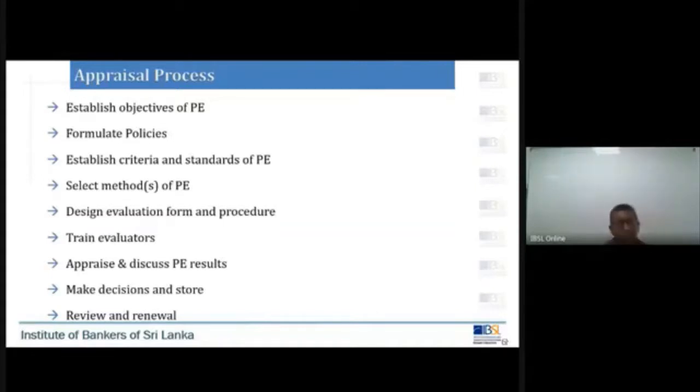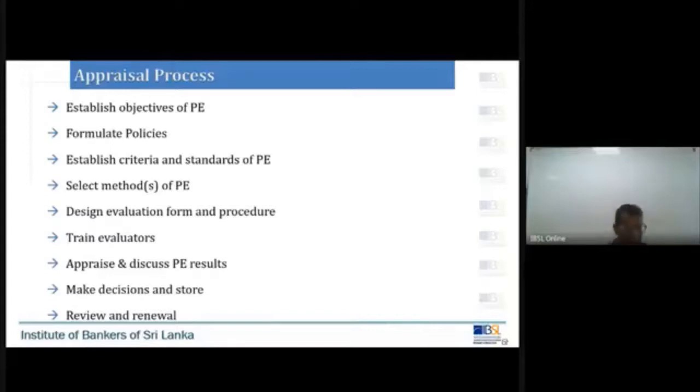Now, what are the objectives of performance? Establishing objectives of performance appraisal or evaluation means the target given. The job given, whether you achieve it or not. What is the expectation from you? Say there is a task given to you, that is your objective.